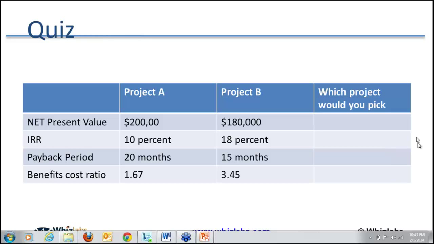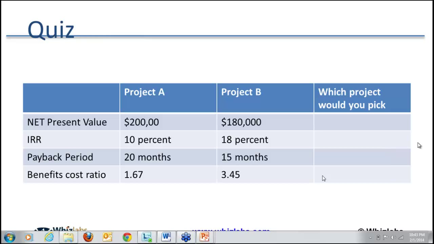Okay. So can you quickly also explain to me the definition? What is the internal rate of return? What do you understand by internal rate of return? It's the percentage of return that is returned back to the investor.